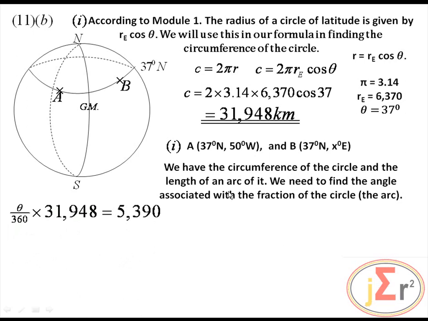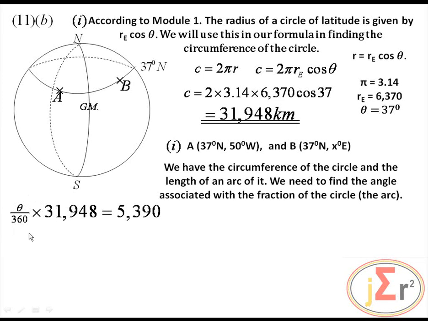Right, so we need to find the angle associated with the fraction of the circle or the arc of the circle. And of course we may make use of the formula that the length of an arc of a circle is equal to the fraction associated with the arc multiplied by the circumference of the circle. And how do we know the fraction?